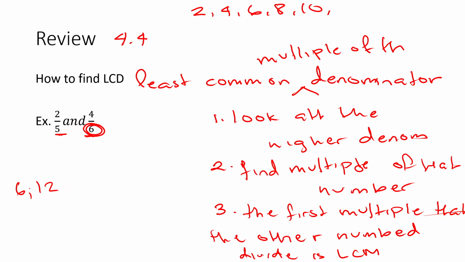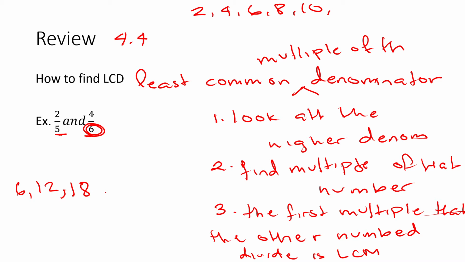So we have 6, 12. What's the next number? 18. But while we're counting, you're supposed to think to yourself, can 5 divide that number? So when we go 6, can 5 divide 6 equally? No, we're going to have a remainder. Same thing goes with 12. 5 can go into 12, but we will get a remainder of 2. Same for 18.